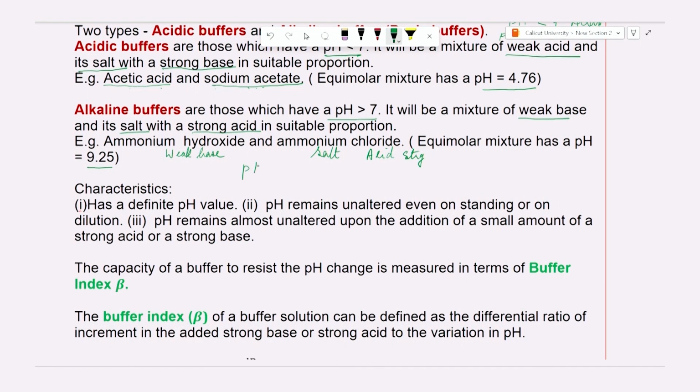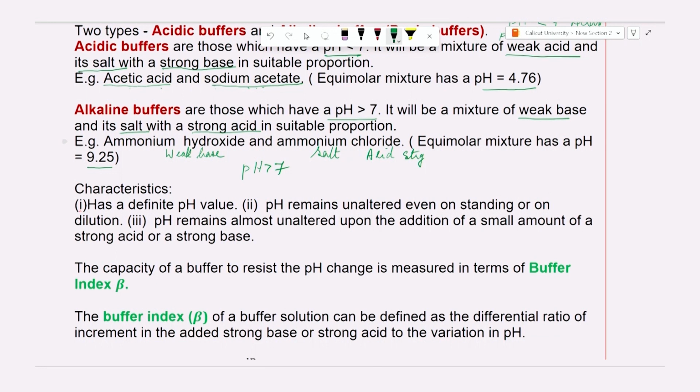Now, again if I take an equimolar mixture of these two, the pH will be 9.25. Here the pH is greater than 7, and that gives an alkaline pH. So, such buffers are known as alkaline buffers or basic buffers.